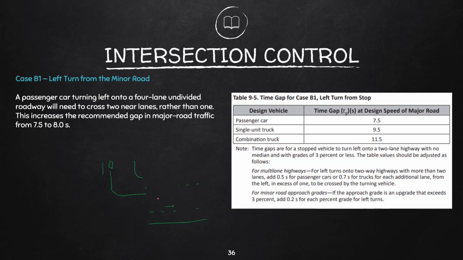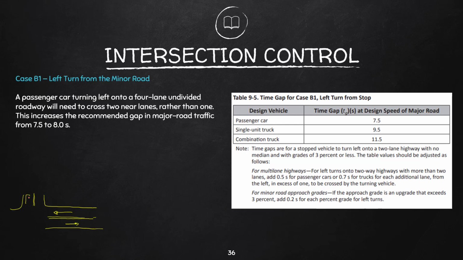Let me draw it properly for you to be able to see it clearly. Let me use yellow. So for a 2-lane highway, vehicles are going in this direction and vehicles will be going in the other direction.